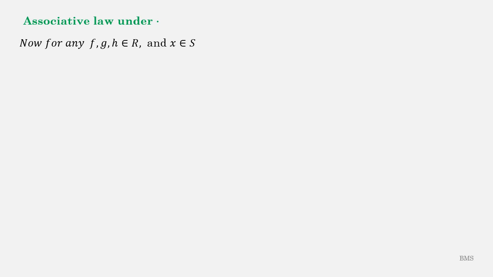So, next. Now, let us come to associative law under dot. As we have proved associative law in plus, similarly, we can prove associative law under dot. For that, you have to consider this. Let us explain this.